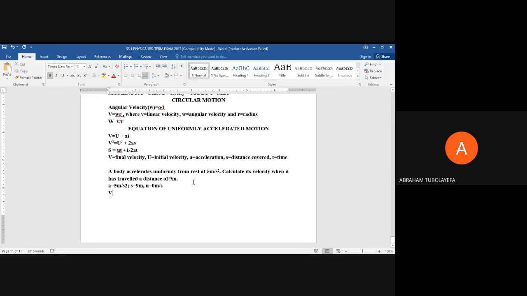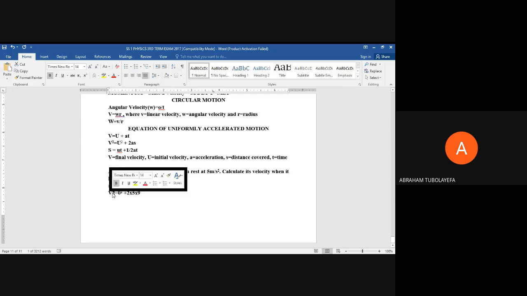So using the formula, V square will be equal to 0 square plus 2 times 5 times 9, which is 90.